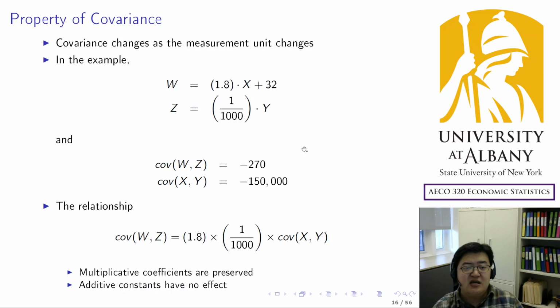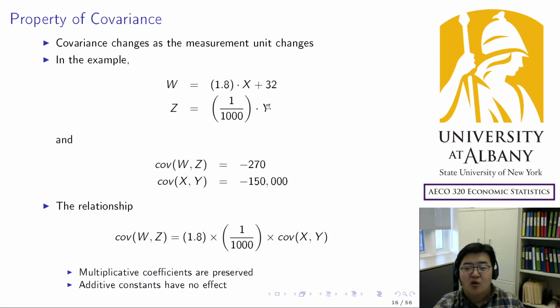We will study what happens if you change the measurement unit. In our example, X is temperature in Celsius. W was temperature in Fahrenheit. And we know the relationship between Celsius and Fahrenheit is given by this linear transformation, right?